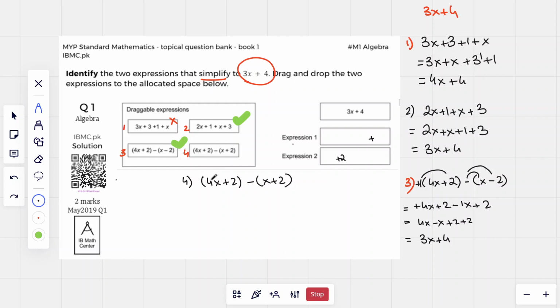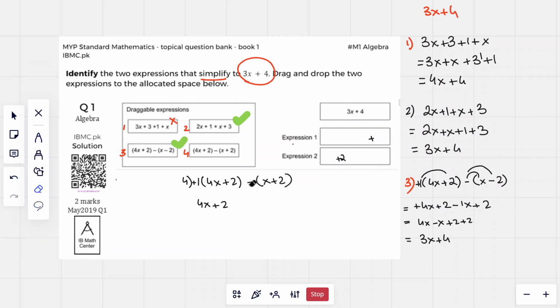So plus 1 into, and the coefficient here is also 1, guys, because if there's no coefficient, it is implied that the coefficient is 1. So plus into plus will be plus. 1 into 4 would be 4. So I'll just write it down as 4x. We don't have to always do plus 1 and then plus into plus is plus 1 times 4. So this is 4x. And then plus into plus is again plus. 1 into 2 is 2.